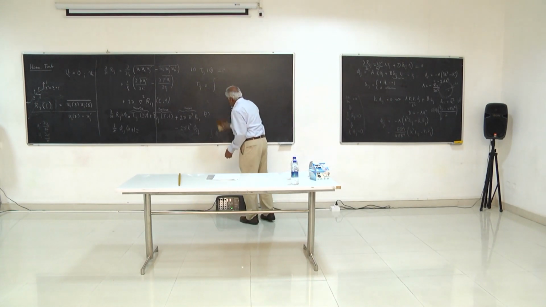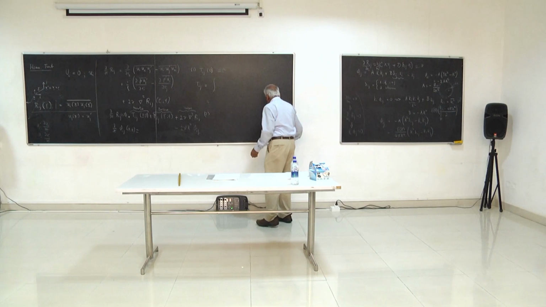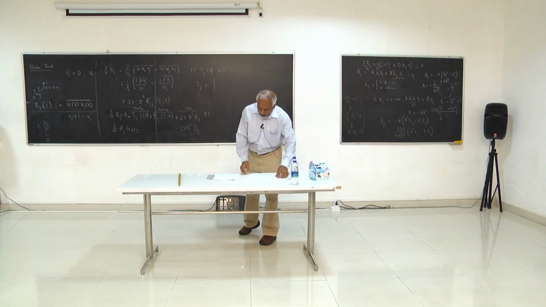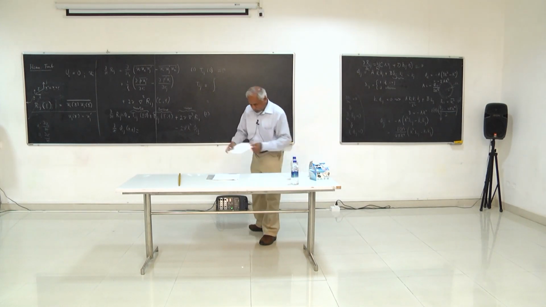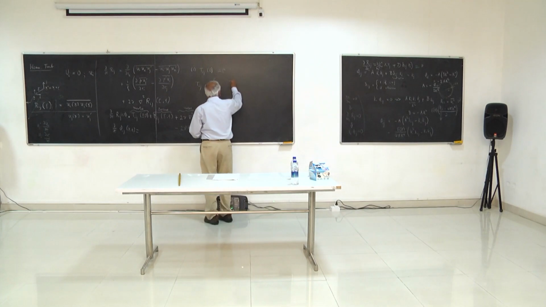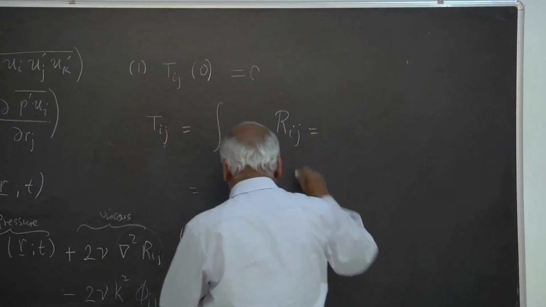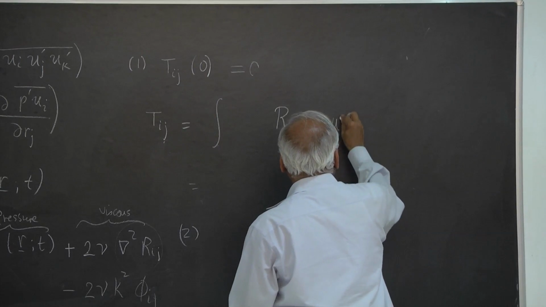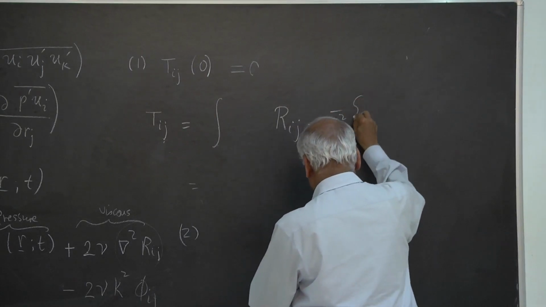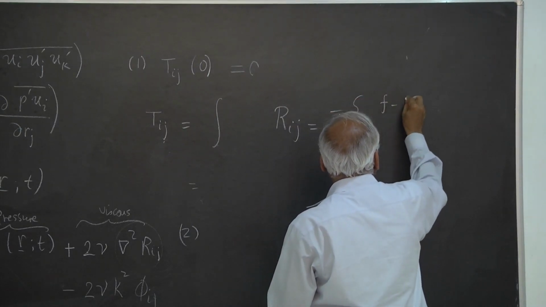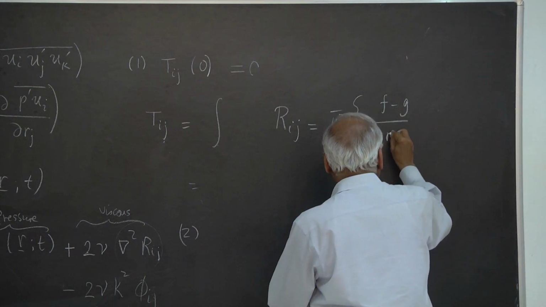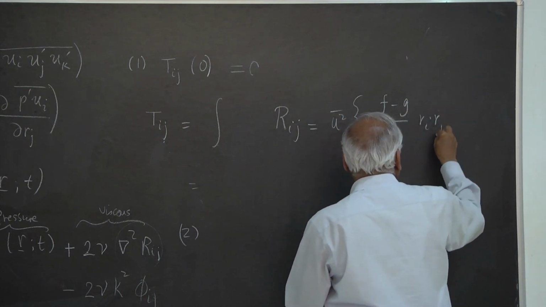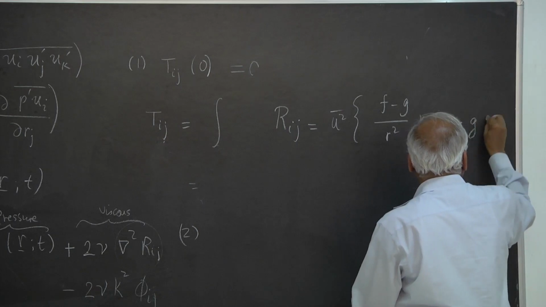Without showing it to you, it's probably better not to write it all in detail. Rij can be written in terms of one scalar function: u squared times [(f minus g) over r squared ri rj plus g delta ij].